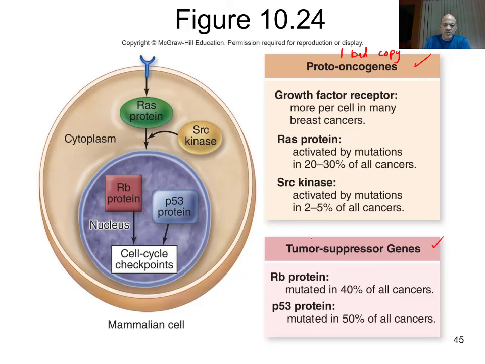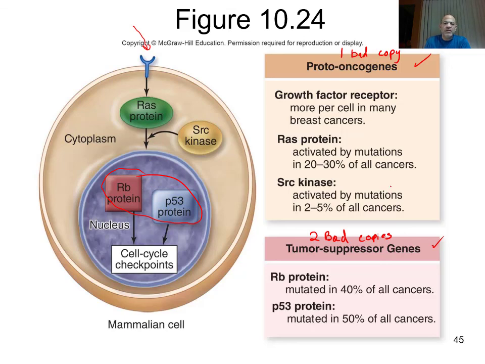For tumor suppressors, you would need both copies to become mutated, so two bad copies of the gene. Now, this does summarize here. Here you have your tumor suppressors, and here you have those involved in that growth factor receptor and that cascade of kinases that cause the cell to progress through the cell cycle.